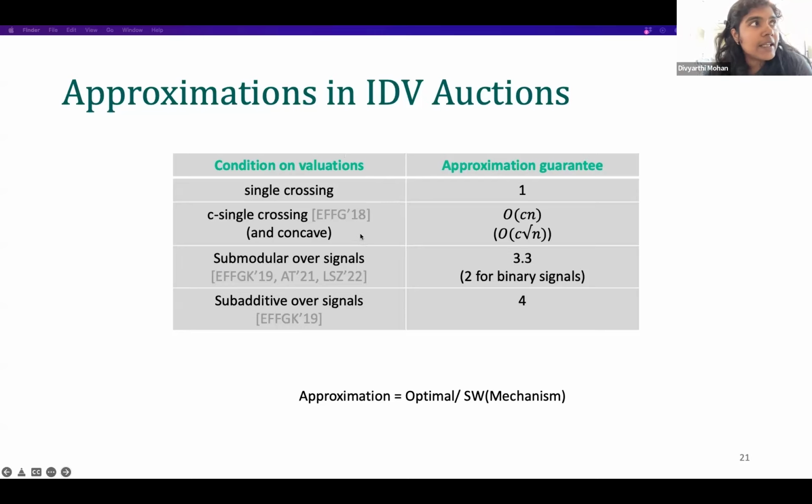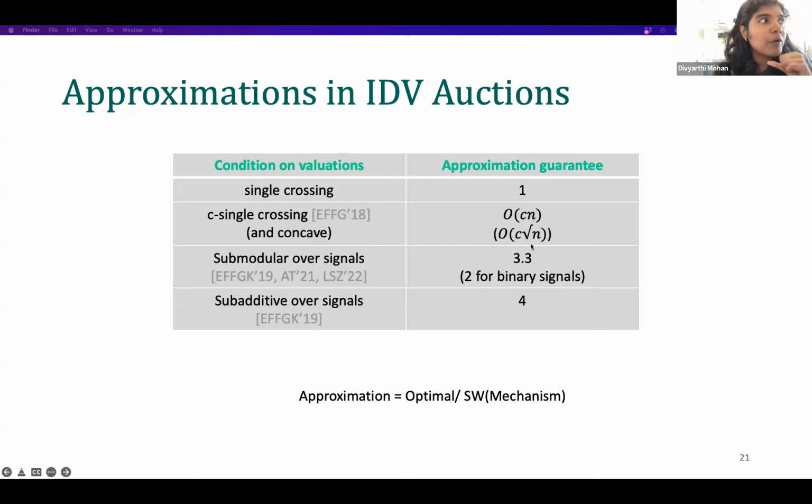For example, in EC'18, Eden et al. considered a more relaxed notion of single crossing, basically using a parameter C to talk about how far from single crossing the setting is, and they give approximation guarantees that depend on this parameter.